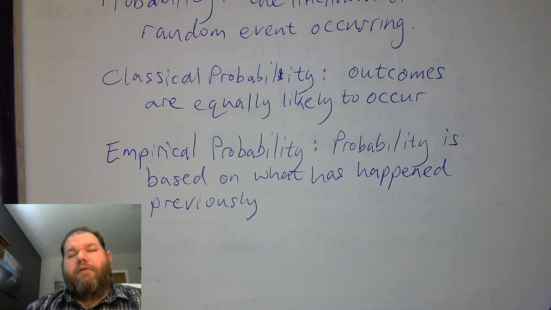But what happens is, over a large number of trials, over a large number of repetitions of this experiment, like if we flip a coin 1,000 times, the proportion, I mean the probability that we witness, should approach what is called the classical probability, which is that it should be 50% for each. Okay.